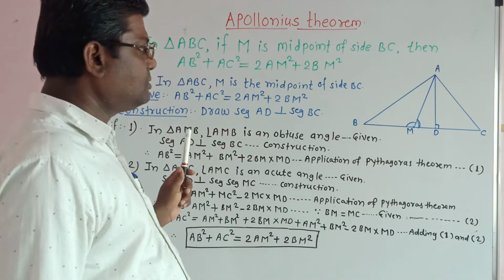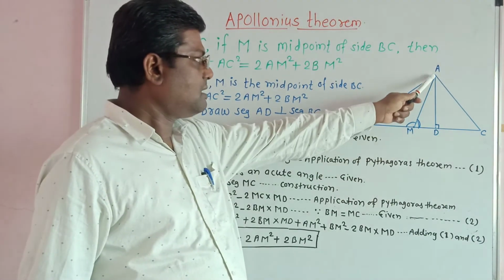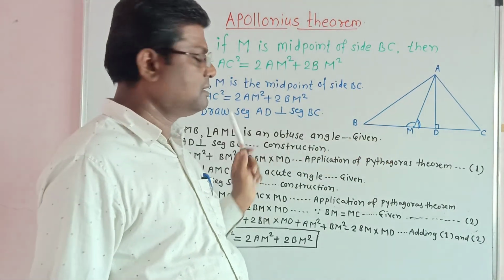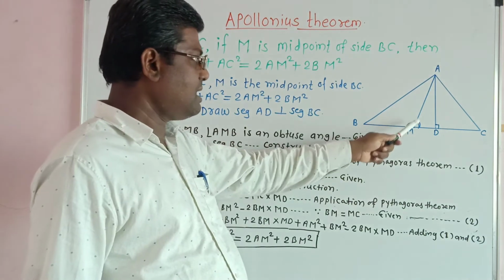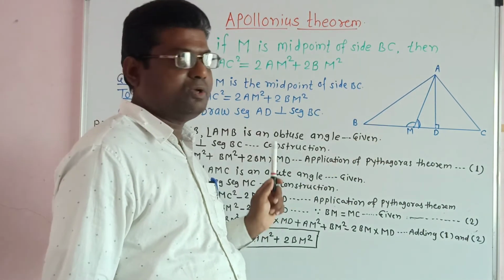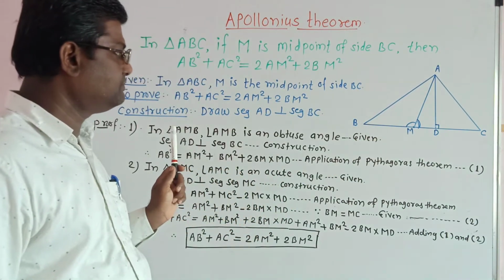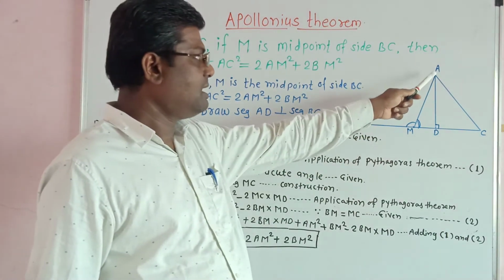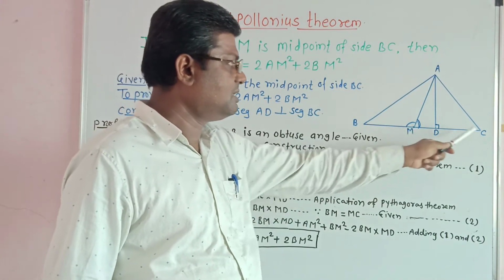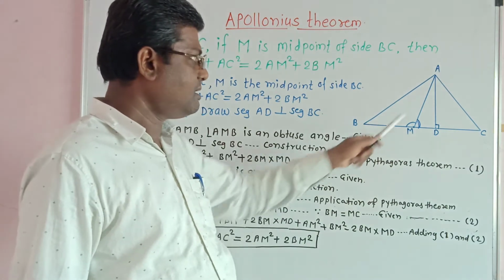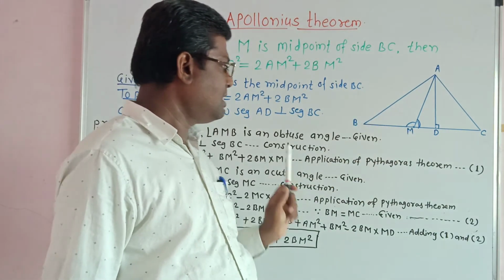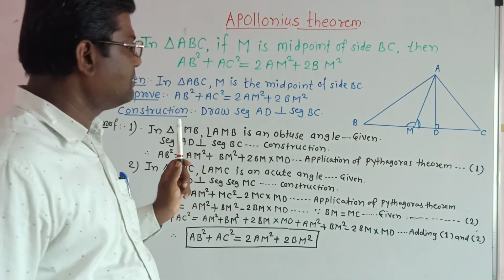Now here are two triangles. Triangle AMB: in this triangle, angle AMB is an obtuse angle. And another triangle, triangle AMC: in this triangle, angle AMC is an acute angle.